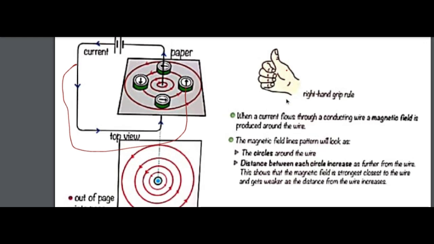When a current flows through a conducting wire, a magnetic field is produced around the wire. The shape and direction of the magnetic field can be investigated using plotting compasses. The compasses will produce a magnetic field line pattern that would look like the following. For example, this is a paper and there is a conducting wire.